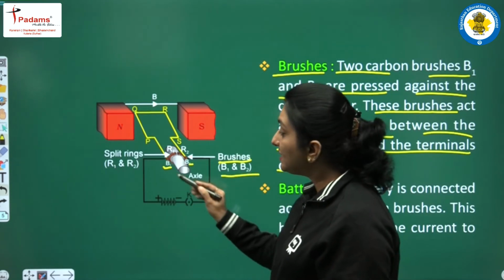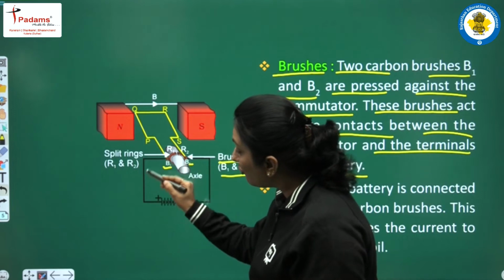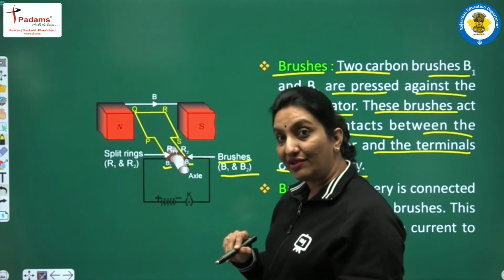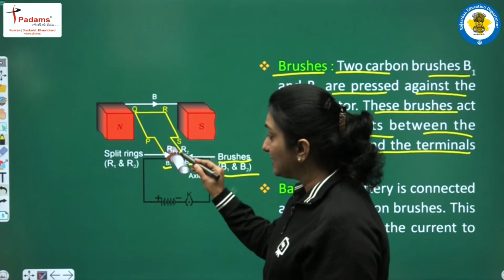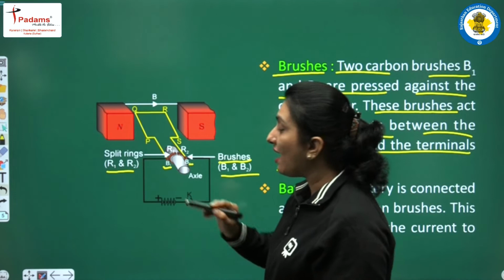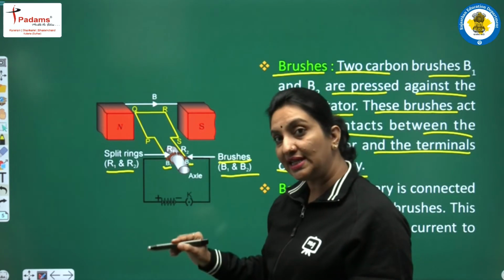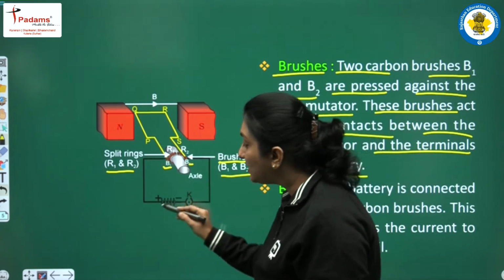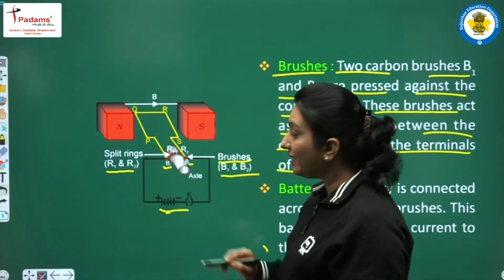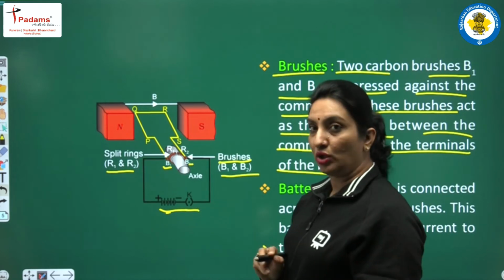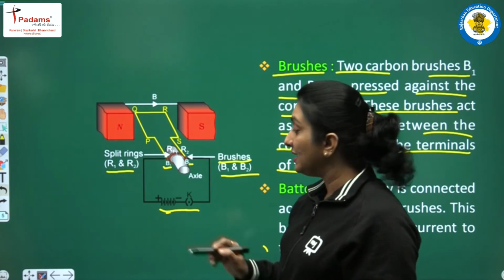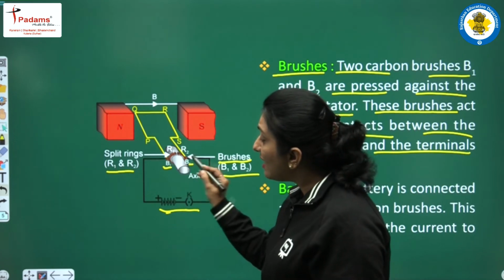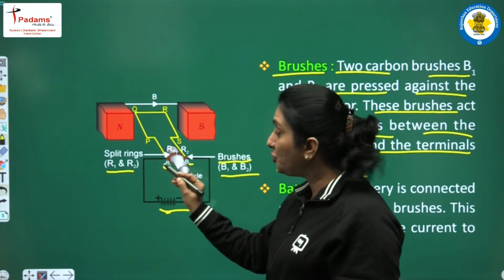So these brushes are responsible for the contact of the armature coil with the battery, and the split rings, denoted by R1 and R2, reverse the direction of current. Here you can see the battery, and a key is also attached to the circuit. These two brushes B1 and B2 are fixed; they do not move.